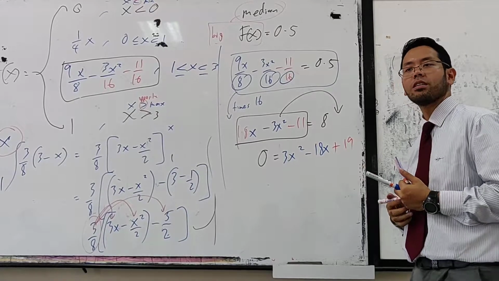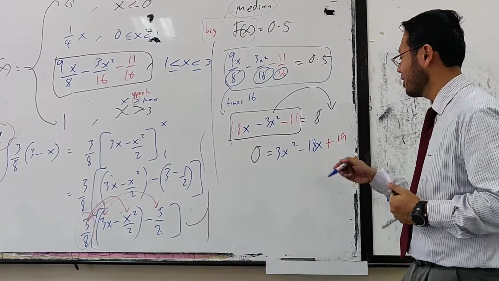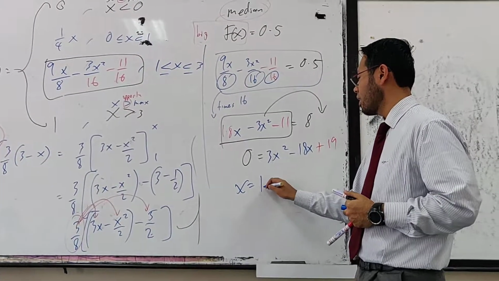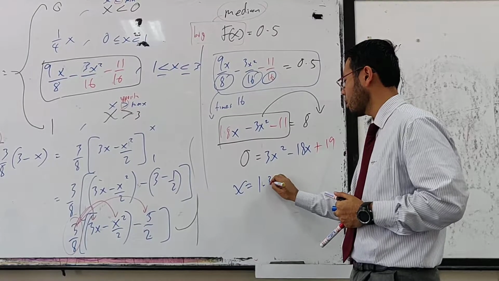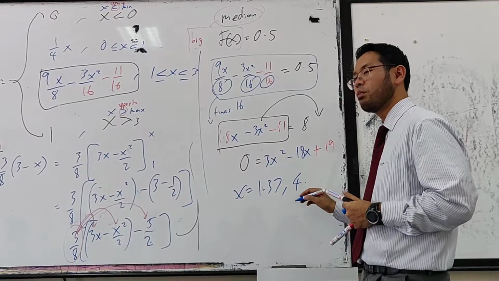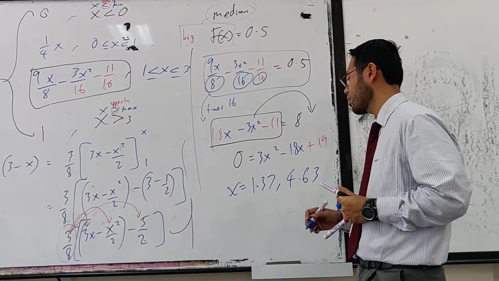How do we continue from here? Press your calculator. So what do you get? x equals 1.27 and the other one, 4.63.